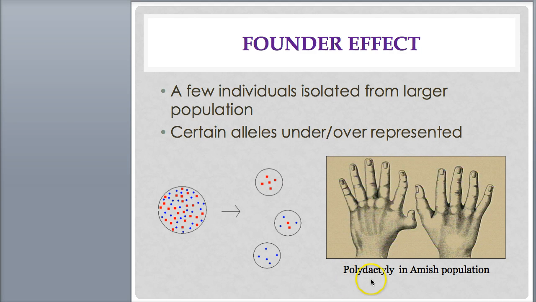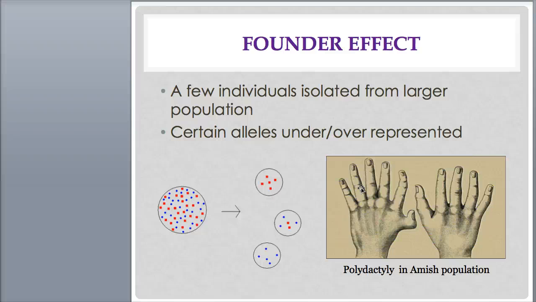So this is a great example. This is called polydactyly. Poly meaning many, and dactyl, or digit, meaning finger. In the Amish population, they actually have a large percentage or representation of people with 6 fingers. Part of the reason why is because the Amish people separate themselves from the rest of the population. So compared to the rest of the human population, they actually have more people with extra fingers, and also dwarfism, or a lot of shorter people, height challenged people.